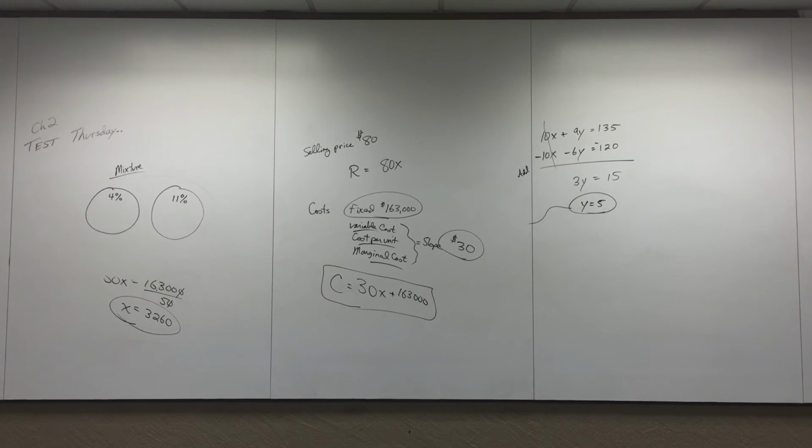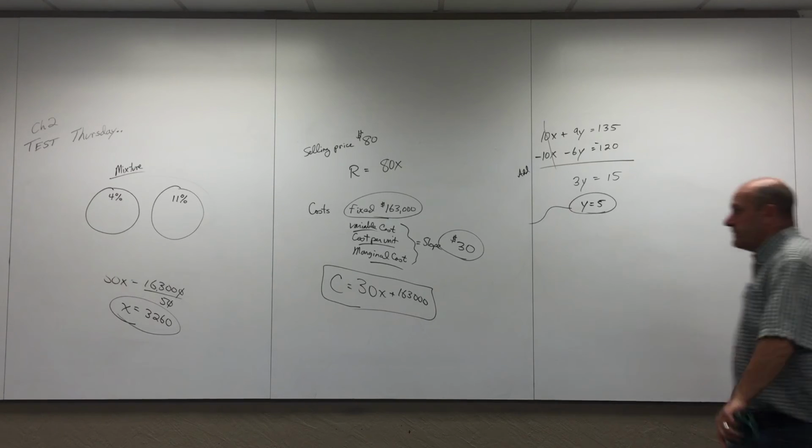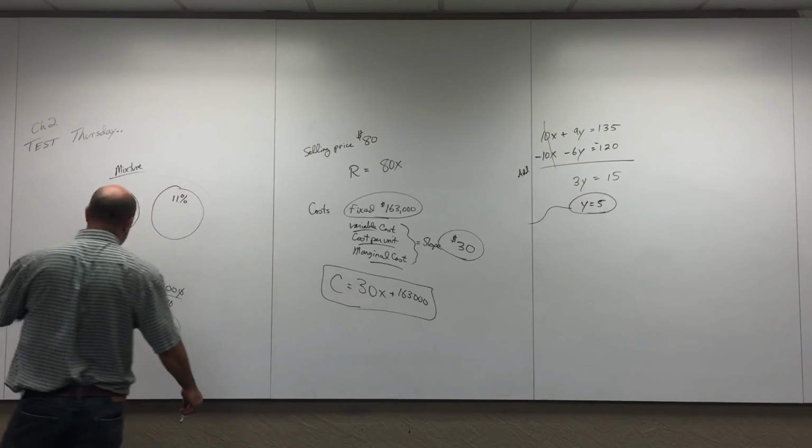How many cubic centimeters of each? By the way, that's the volume. That's cubic centimeters, instead of gallons. How many cubic centimeters of each should the chemist mix to get 50 cubic centimeters of a solution that is 8.4%?